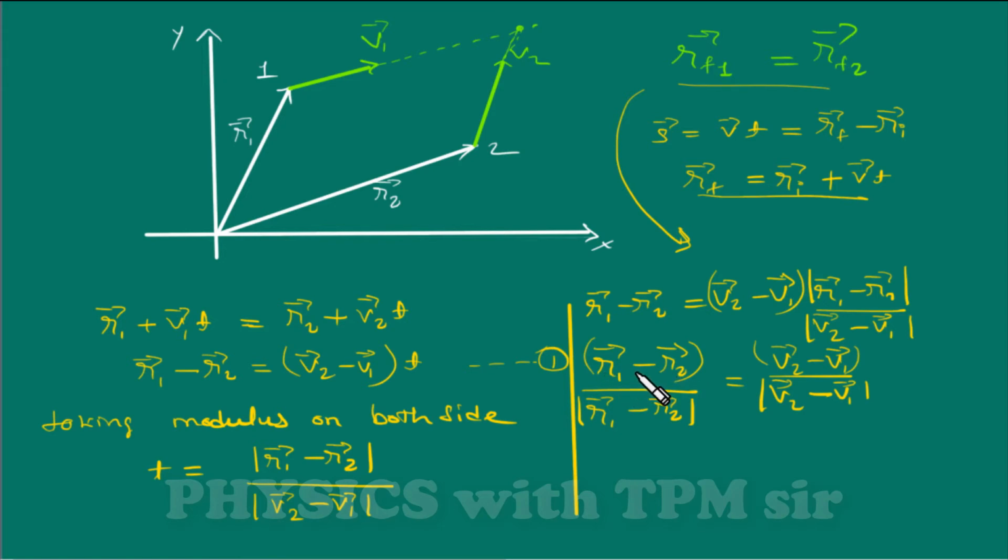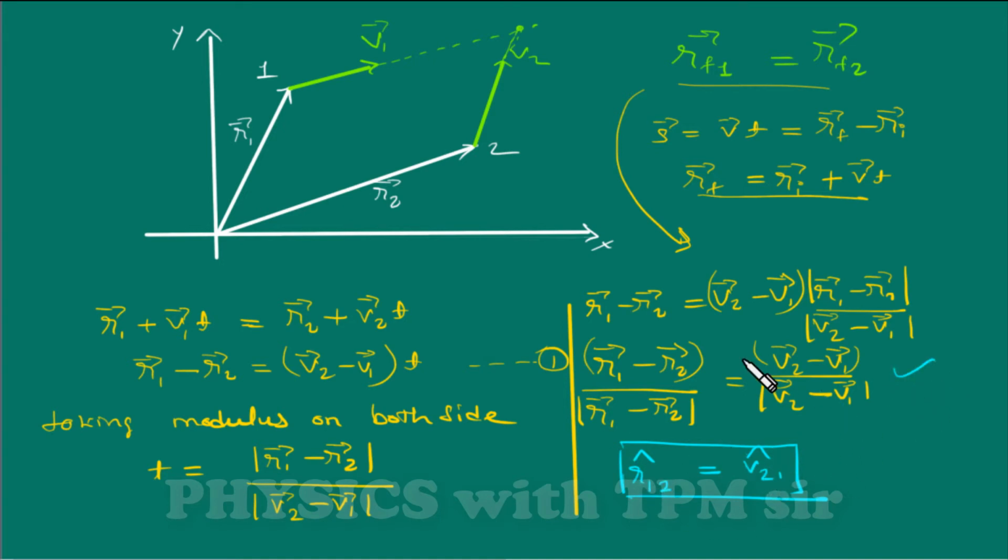If we interpret this, it is the position of 1 with respect to 2, the unit vector. And this is the velocity of 2 with respect to 1, the unit vector. So what they want to say is that the unit vector of the position of 1 with respect to 2 is equal to the unit vector of the velocity of 2 with respect to 1. Now our question is solved. This is the condition actually.